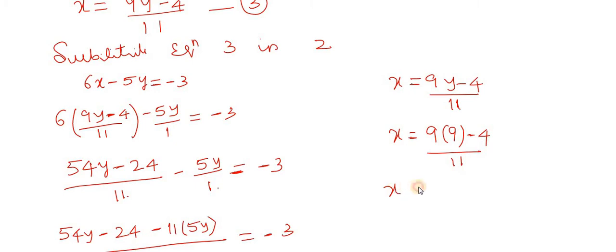So x is equal to 9 nines are 81, minus 4, divided by 11. 81 minus 4 is 77. 77 by 11. 11 ones are 11, 11 sevens are 77, therefore x is equal to 7.